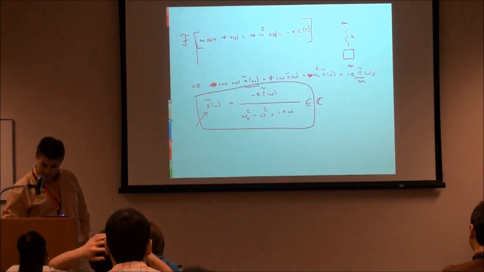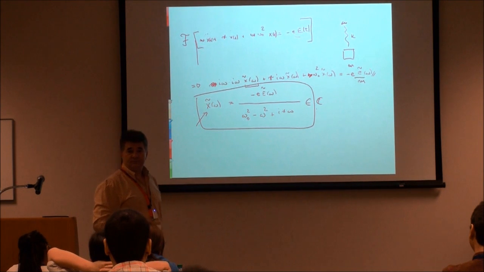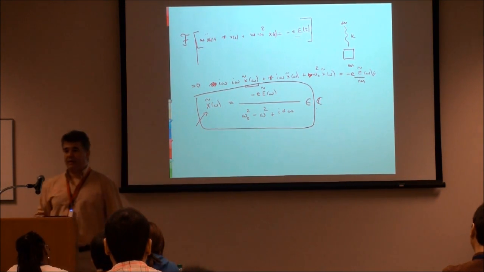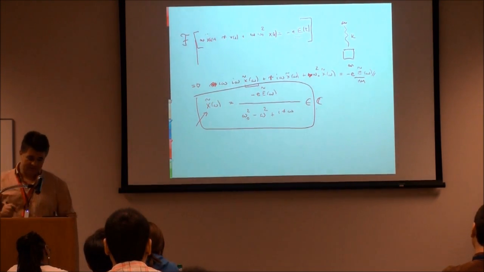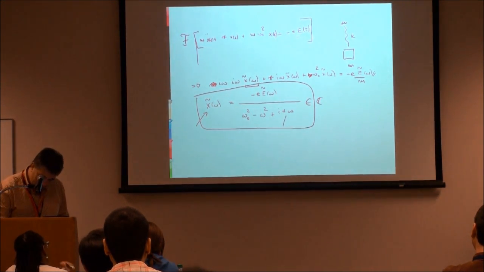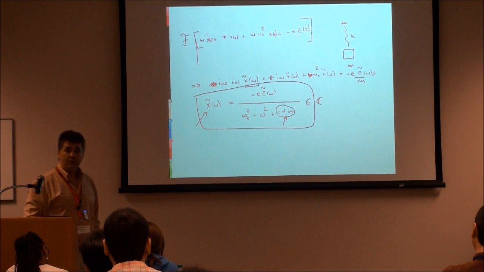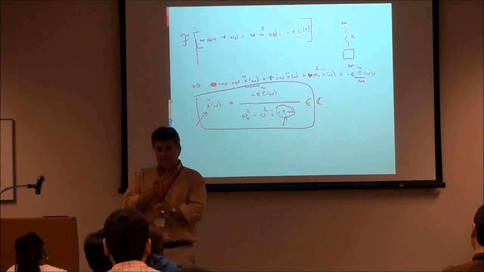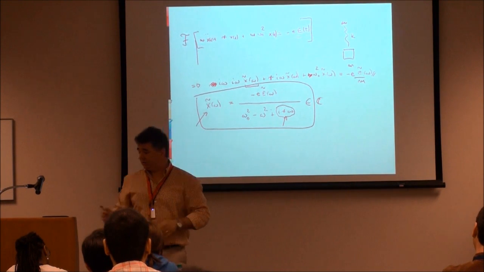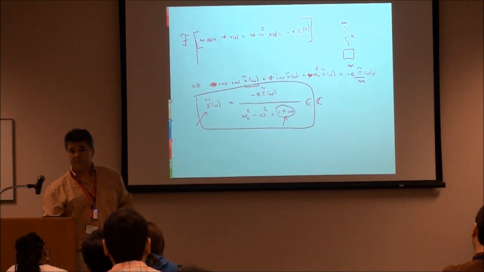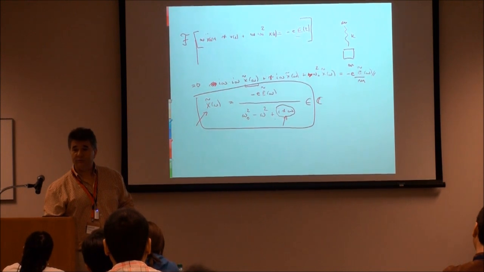And this is complex, meaning that I have both contributions that are in phase. You see where the i is coming from: the dissipation part. So that means I can have displacements that are in phase with my input, and some that, with this i, as we said, are pi over 2 out of phase with the input.